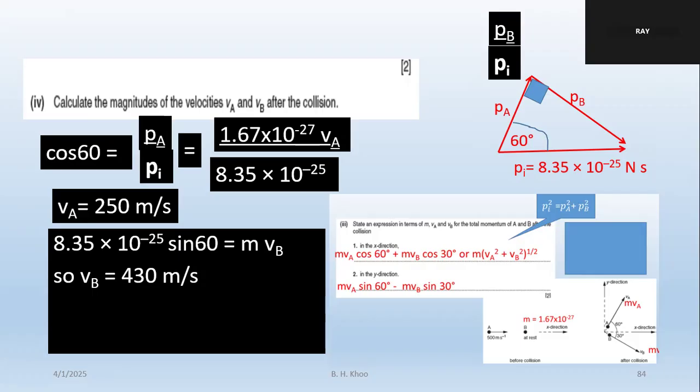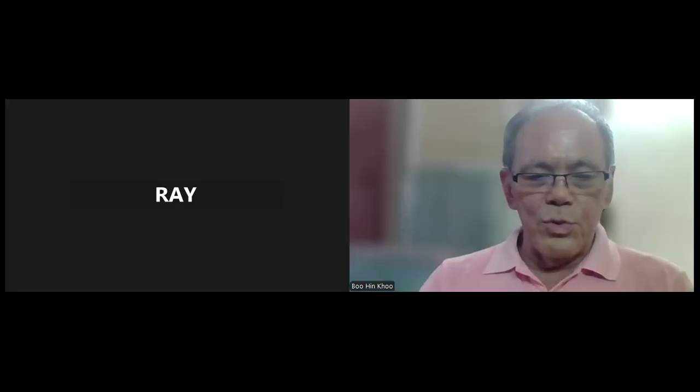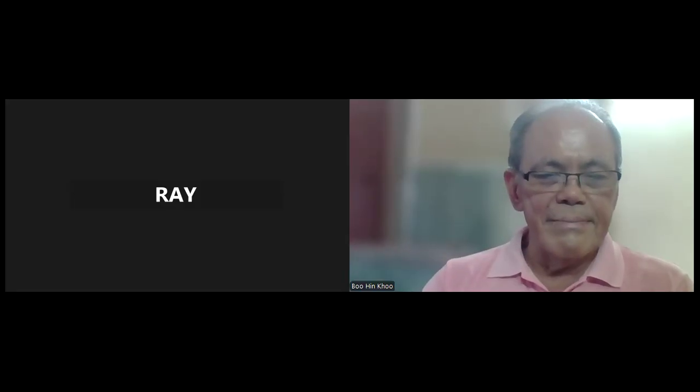It's up to you to choose in the exam which method you prefer to get you the simplest answer rather than a complicated answer. Okay, let's go to review our conservation of momentum.